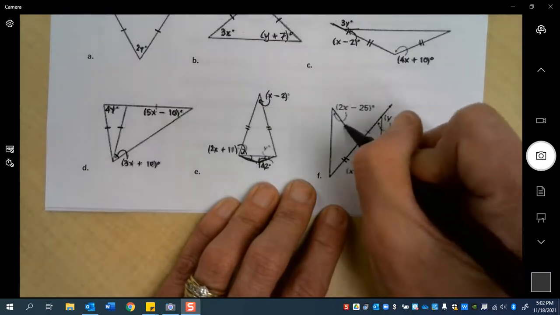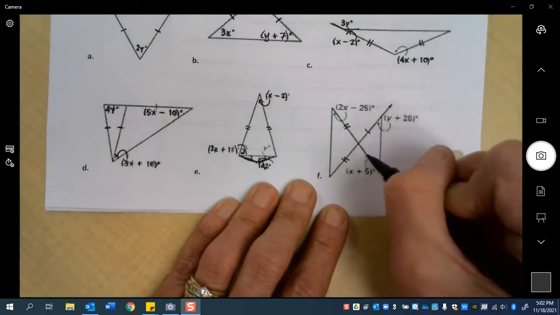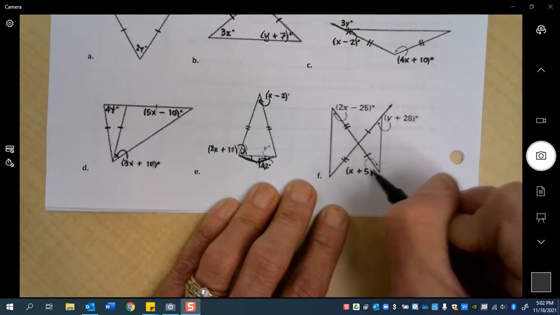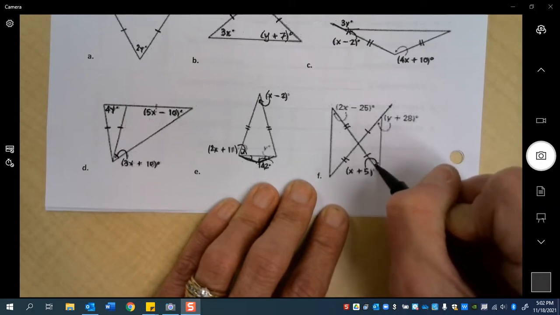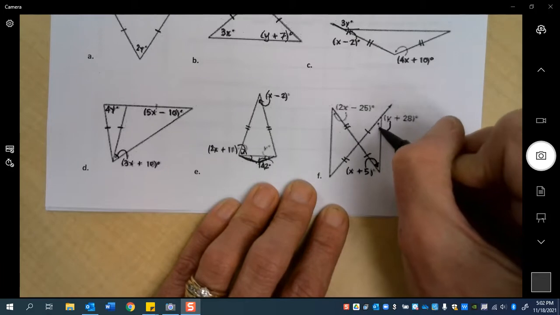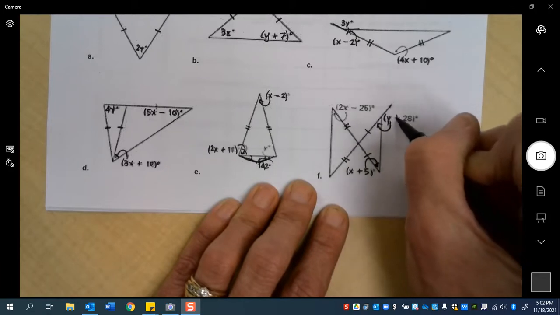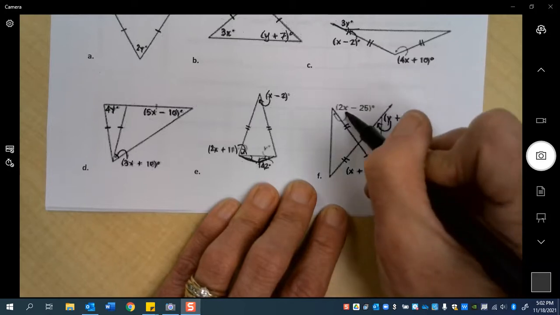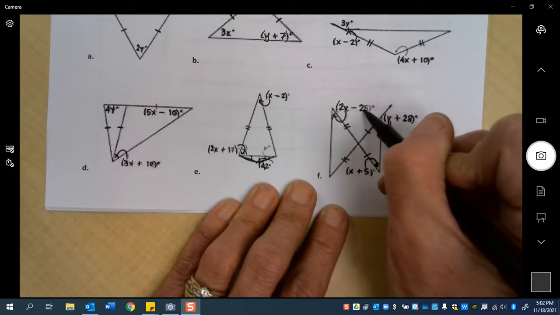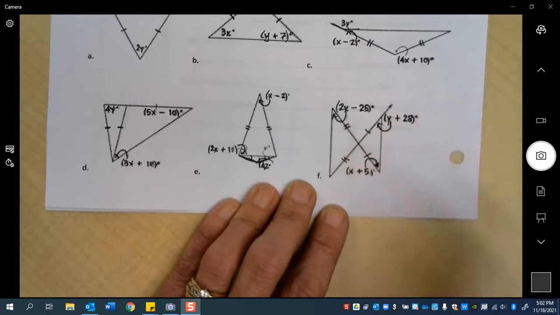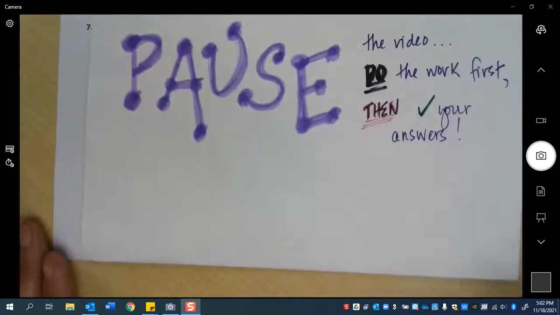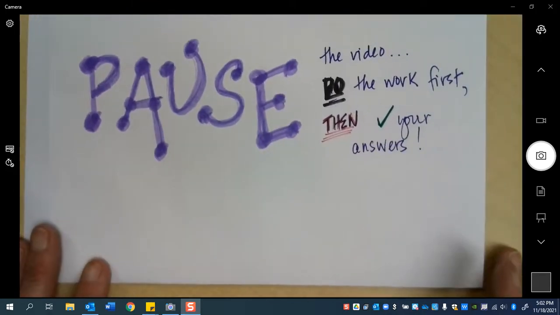Here we have this isosceles triangle and this isosceles triangle. x plus 5 represents this angle. y plus 28 represents that angle. And this angle is going to be 2x minus 25. All right, so pause the video and get your work done and come back and check your answers.